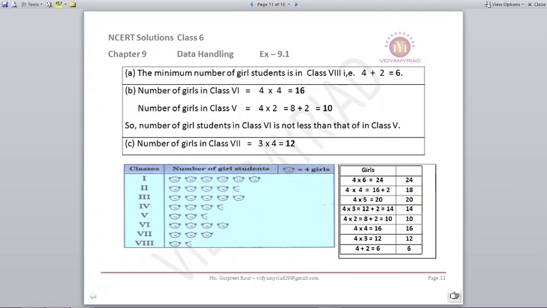Half will represent 2. If full is represented by 4, then its half will be represented by 2. 16 plus 2, 18. Like this we will find out for all the classes how many girls are there. Your full face is represented by 4 and your half face will represent 2.